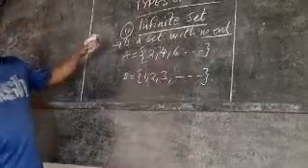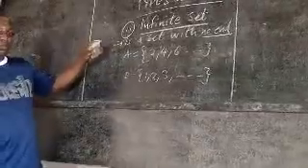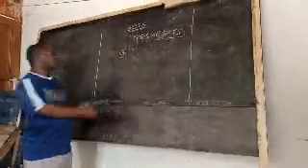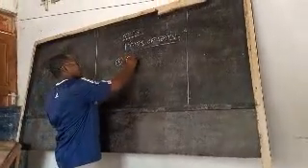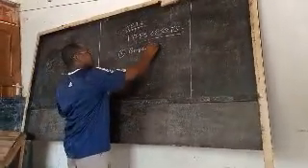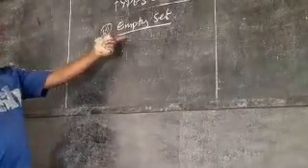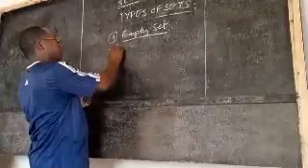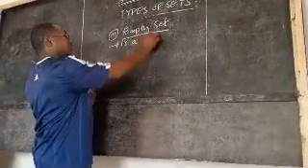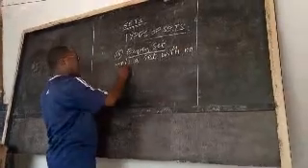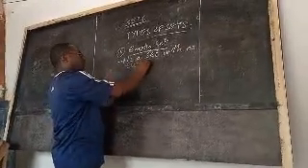Let us see another type of set. The third type of set is the empty set. An empty set is a set with no element.